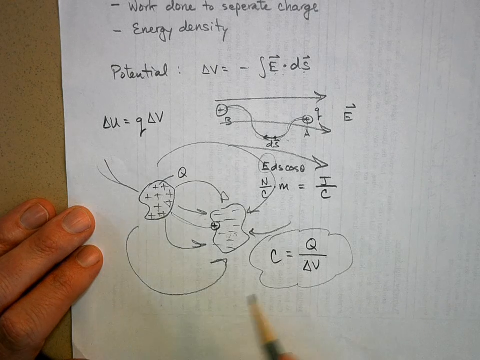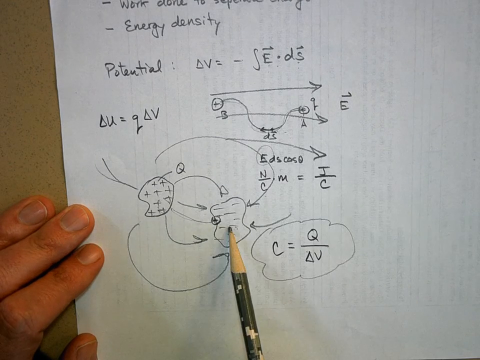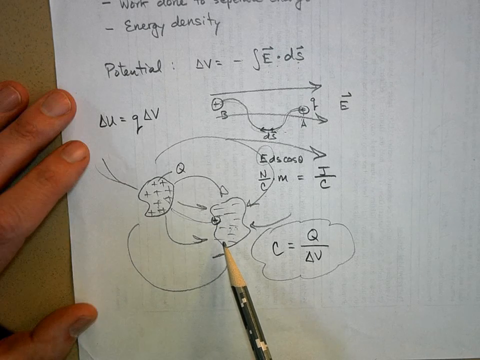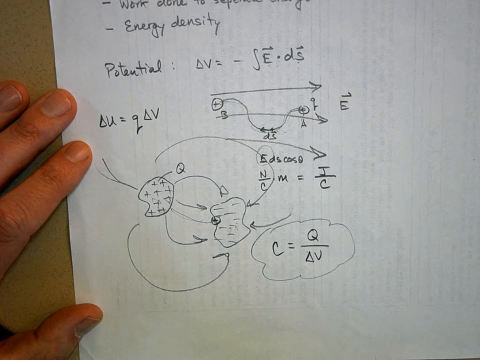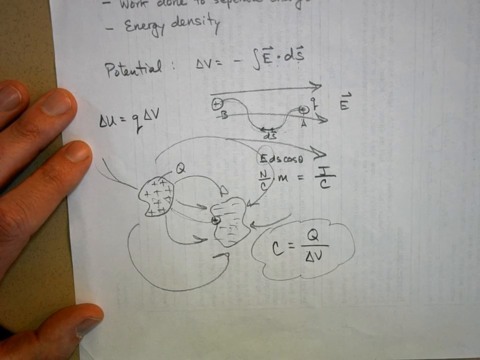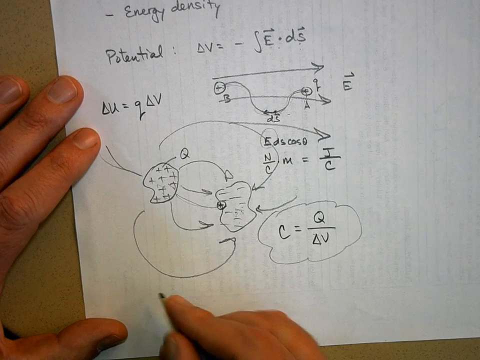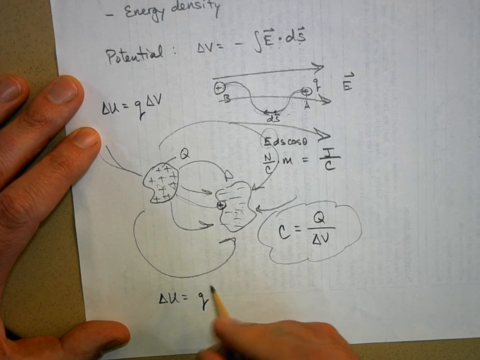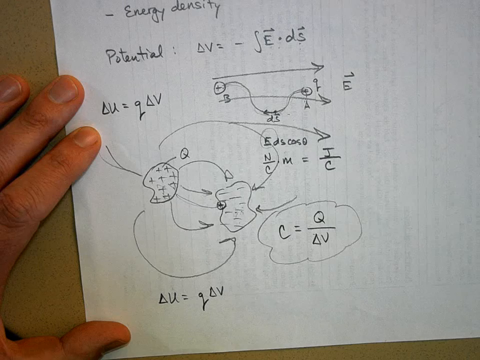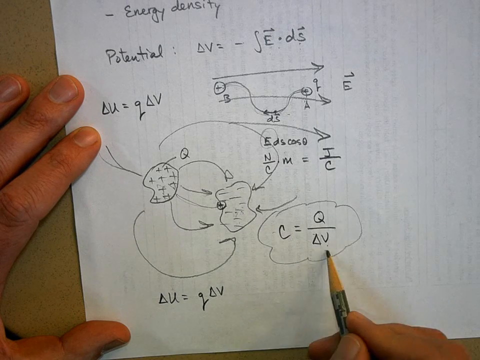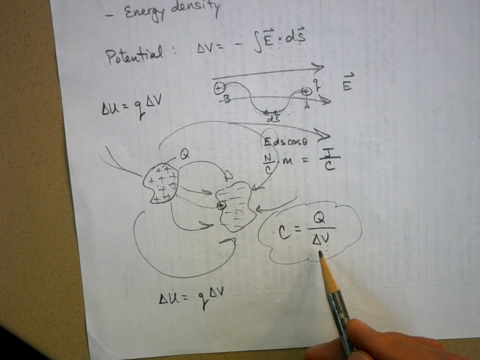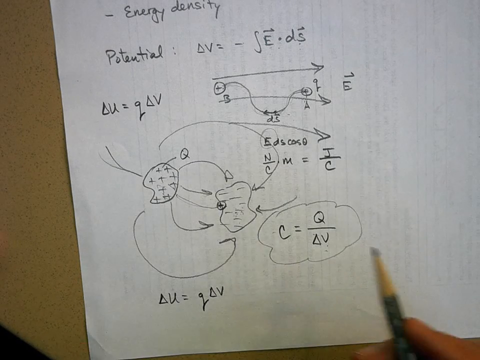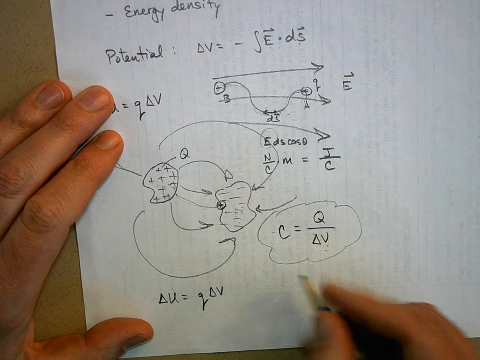Well, is the energy, therefore, the energy of this capacitance? Here's a naive way of looking at it. So this is actually going to be wrong, what I'm about to write down. You say, oh, okay, well, delta U equals Q times delta V. Well, let's solve for delta V from this equation.